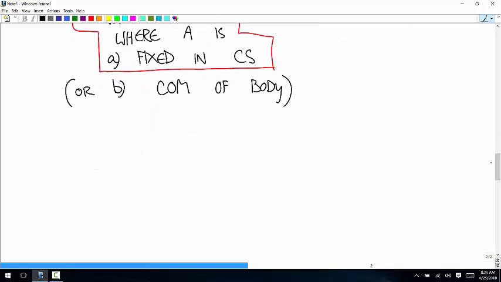So we talked about mass moment of inertia.